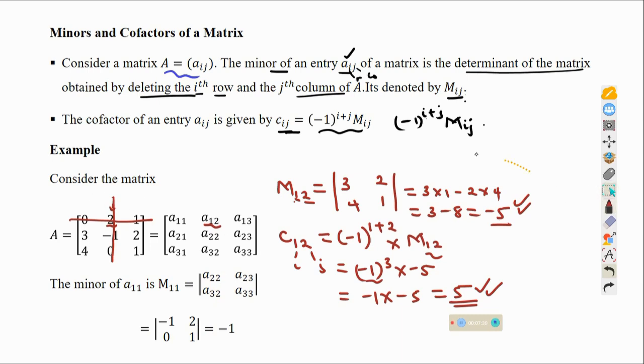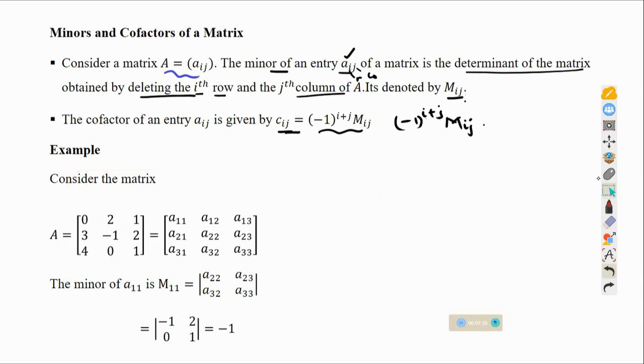So the next entry is this one here. This one is in position 1, 3. To get the minor of 1, 3, delete the first row, third column.